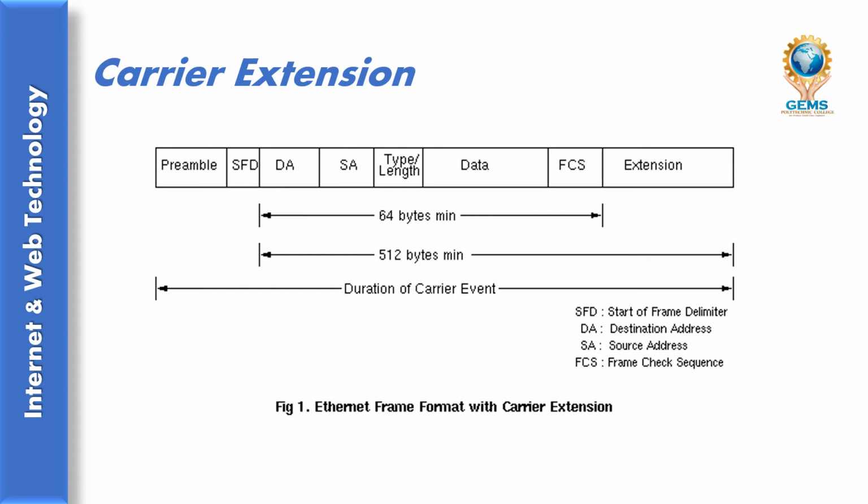So here there is a 64 byte minimum and 512 byte minimum, and the duration of the carrier event. So this image shows the Ethernet frame format with the carrier extension. SFD means the start of frame delimiter, DA means destination address, SA means source address. FCS means frame check sequence.